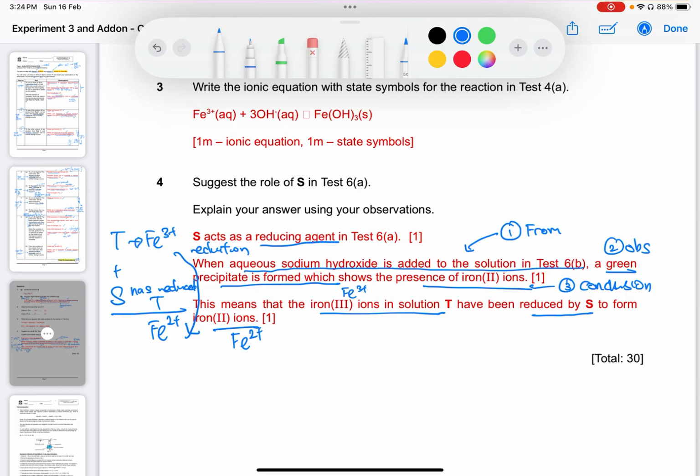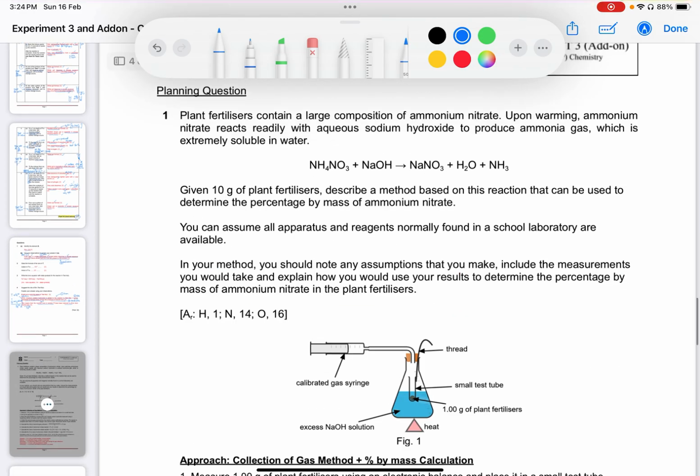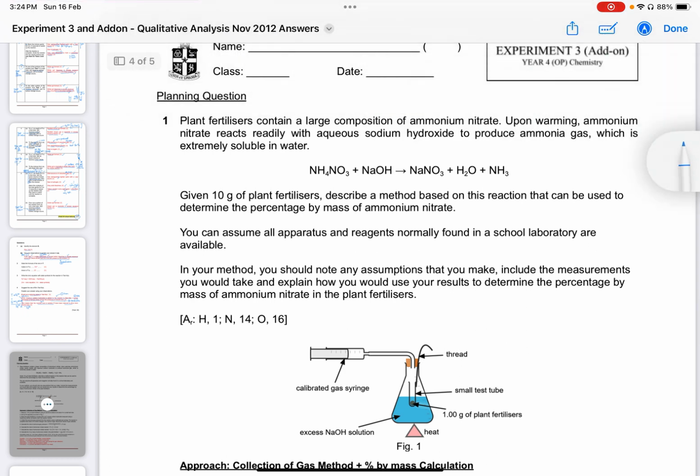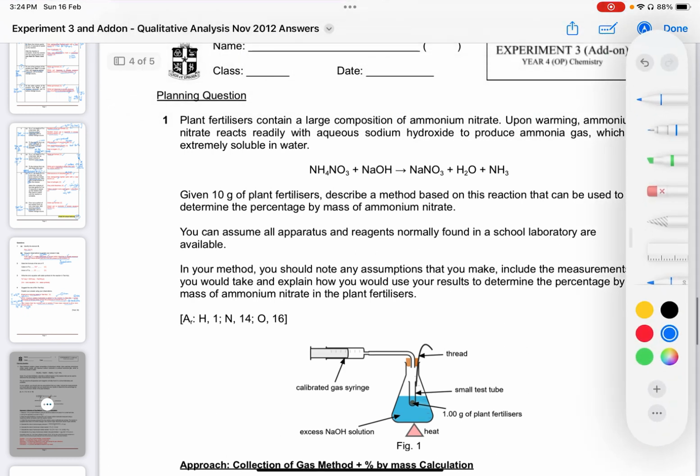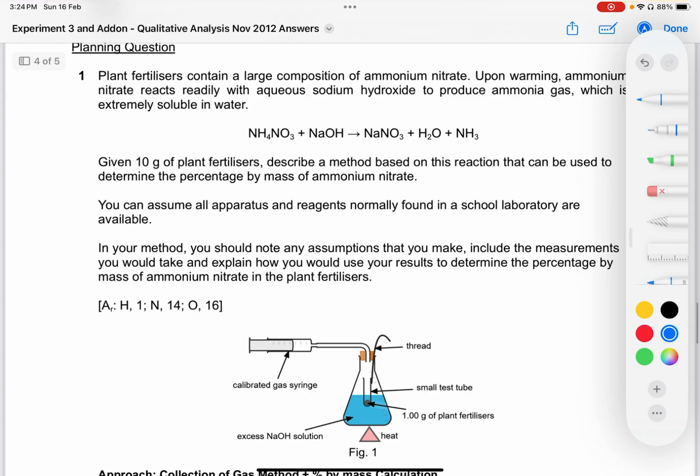Then I just want to go through the add-on experiment that I gave you in terms of planning. Planning questions, all of you have read through already. This one, they say plant fertilizers contain ammonium nitrate. Upon warming with aqueous sodium hydroxide, they produce ammonia gas.